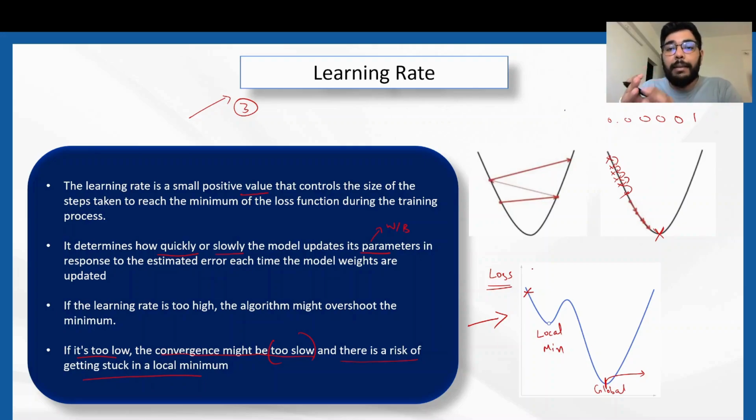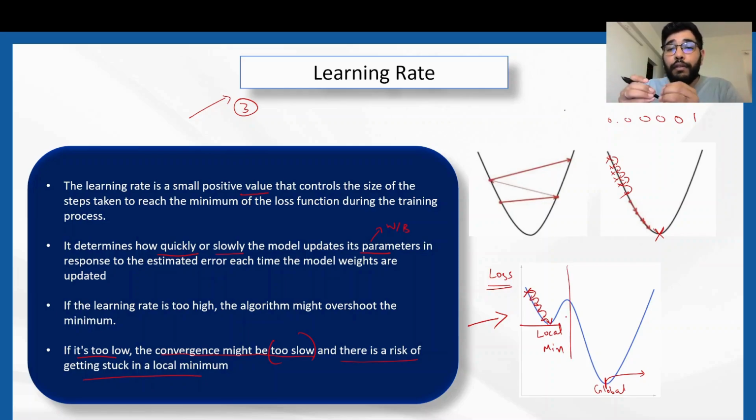But let's take an example. If we have a very small learning rate, if the size of each step converging to the lowest point is very small in this particular fashion, there is a chance that the model gets stuck and assumes that it has reached a minima that is local to this particular area, right?